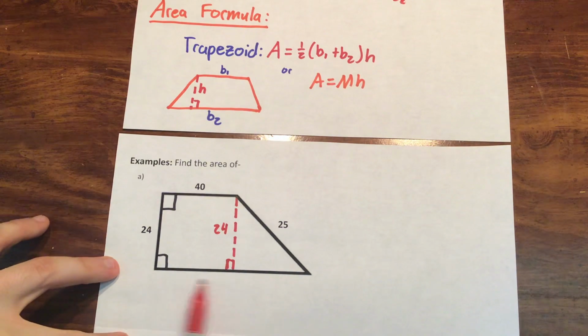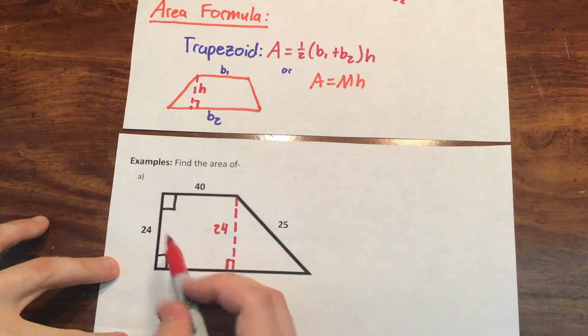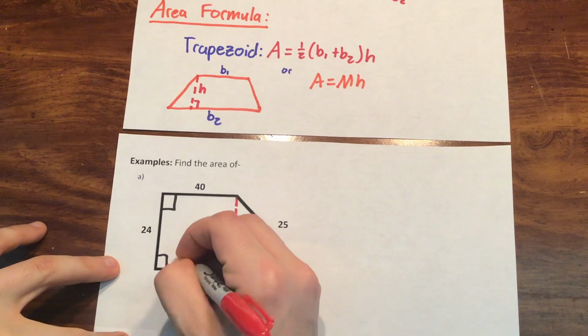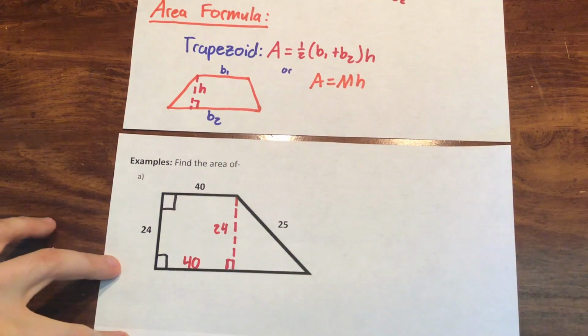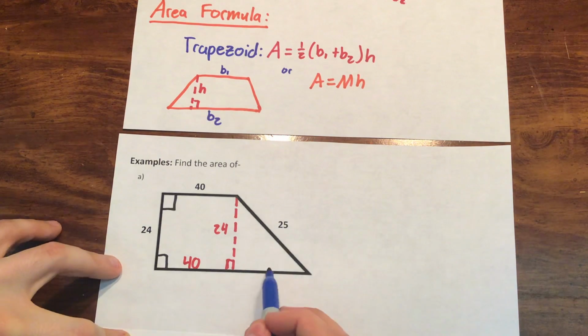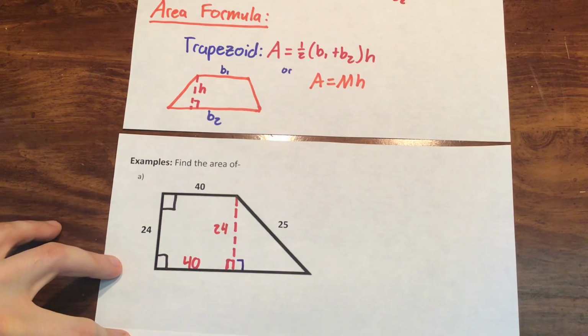But we also need to find our total base here, base 2. But we already have part of it now by creating this rectangle because we know that this is going to be 40 units here. Now we just need to find our last little section of our base 2. To do this, by linear pairs, we have a right angle there. So we have a right triangle. So you can use Pythagorean theorem, 24, 25, and solve it down.